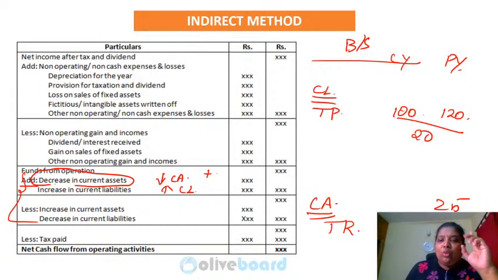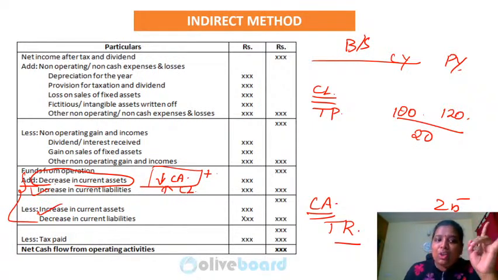So if the current year's current asset has decreased from the previous year, add it; if there is an increase, then minus it. Remember: a decrease in the current asset should be added in the cash flow.